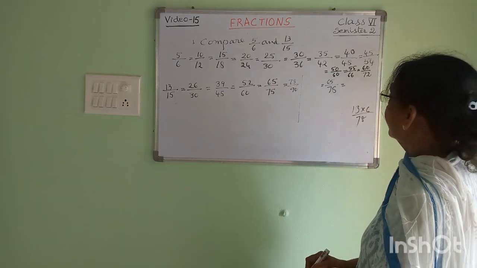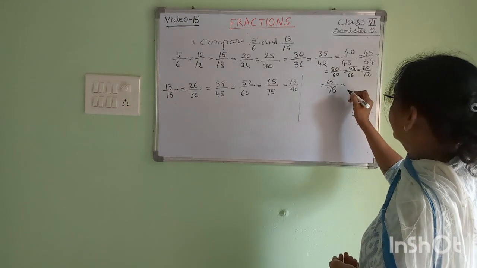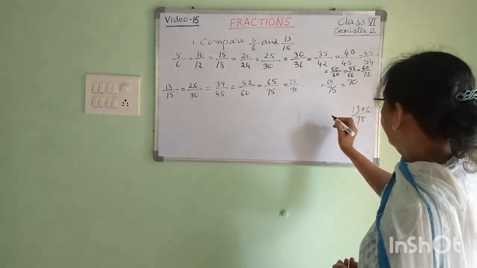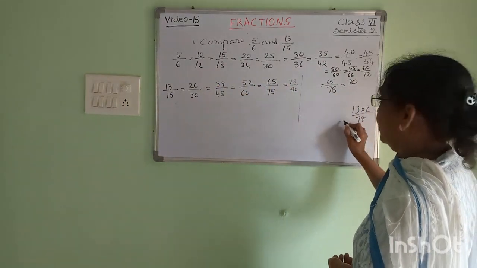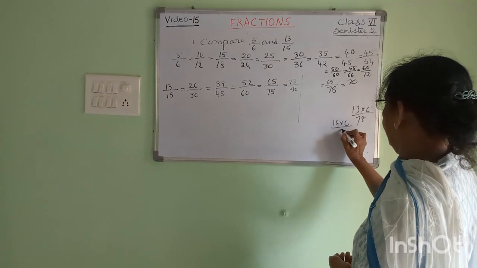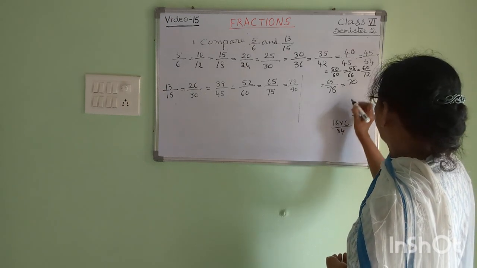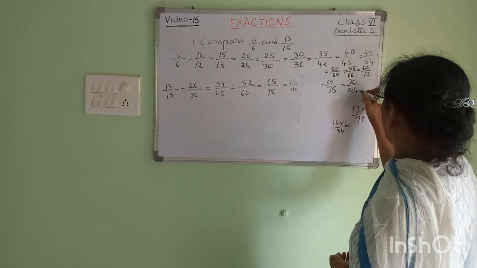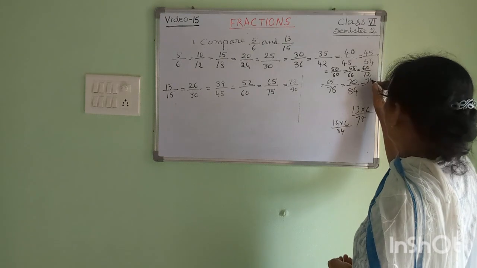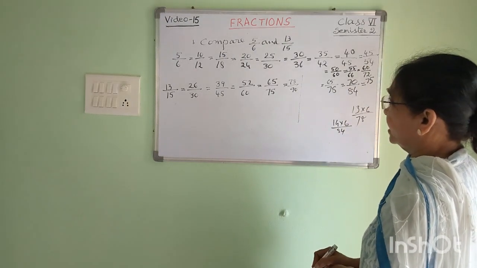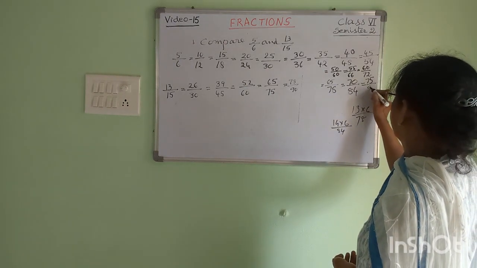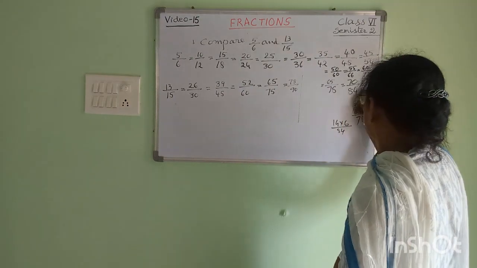Multiplying by 14, 14 5s are 70, 14 6s are 84. Next, multiplying by 15, 15 5s are 75, 15 6s are 90.